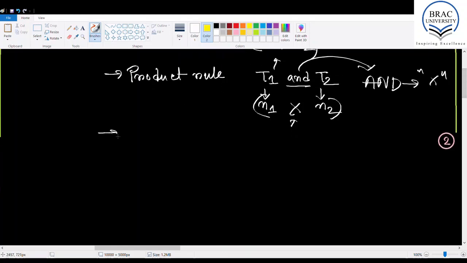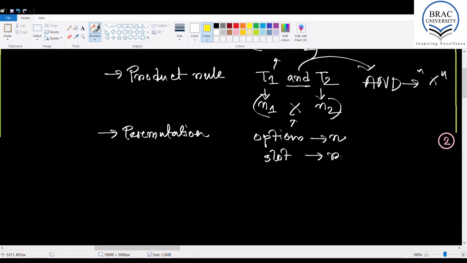So then we studied permutation. The important portion of permutation is permutation without repetition. In case there are total n options available and there are total r slots, and you are asked to arrange r number of elements out of this n, then the total number of permutations will be nPr equals n factorial divided by n minus r factorial.